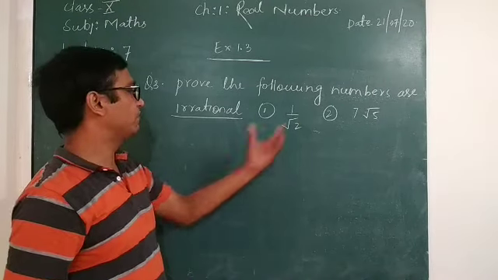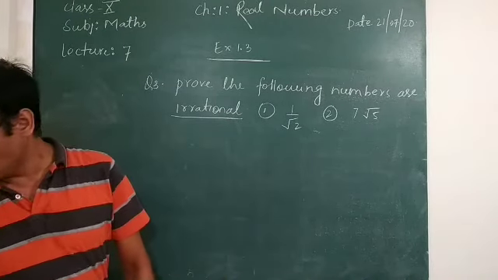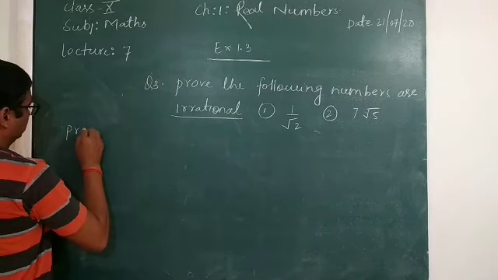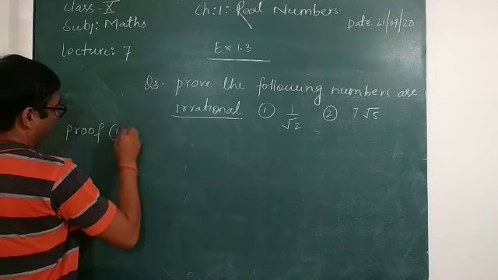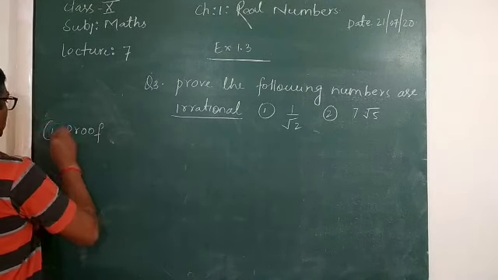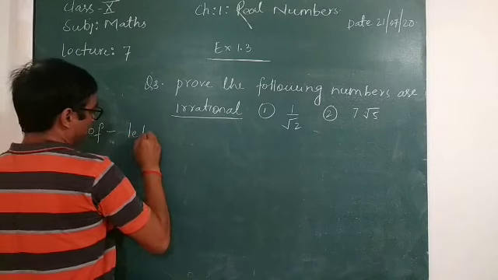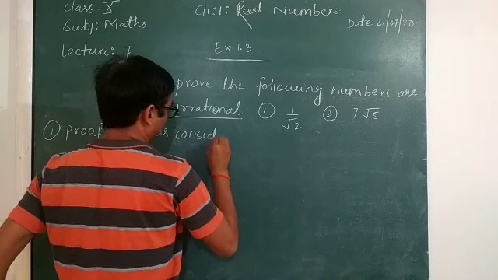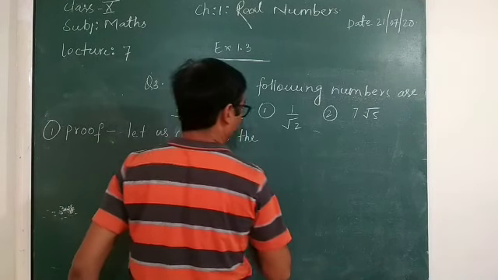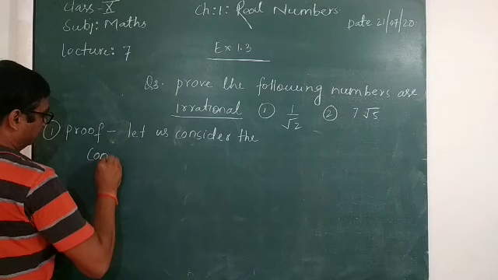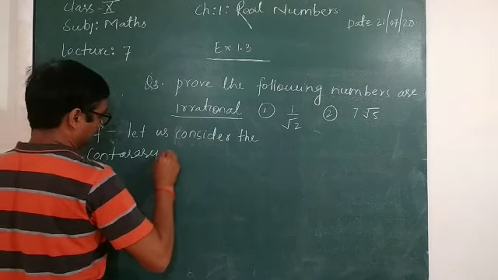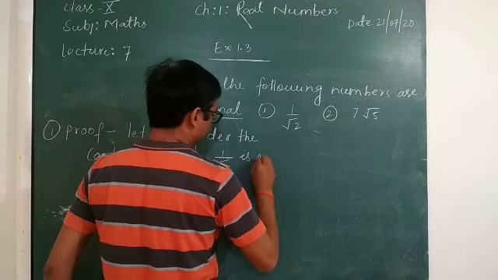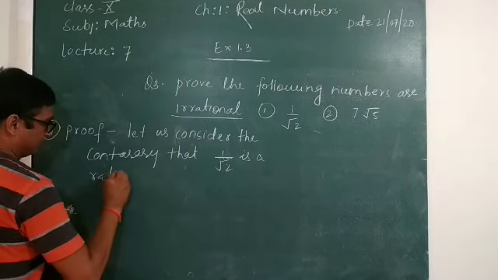Now in this question also we have to take the same assumption. So for the proof, first let us consider the contrary, that 1 by root 2 is a rational number.